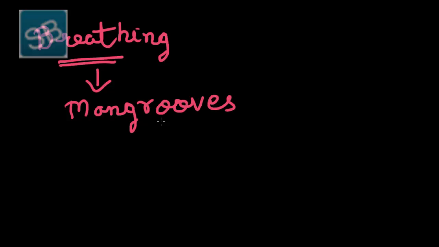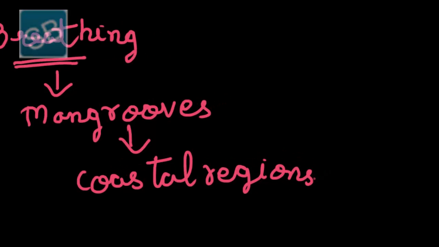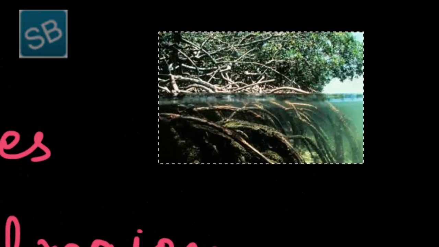Now let us study another specialized function of roots, that is breathing. Breathing is mainly performed by a special group of plant roots found in mangroves. Mangroves are specialized plants which inhabit the saline waterlogged soil of creeks near coastal regions. Examples are Rhizophora and Avicennia.